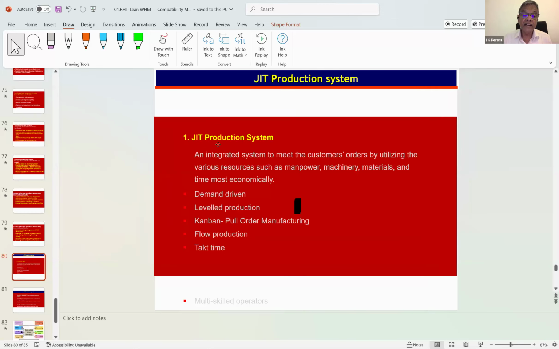You are bringing just before the production only for that particular day's requirement. So at the end of the day, you are utilizing everything and nothing is left. So you are eliminating inventory. And that is one of the waste then. And that is called just in time.